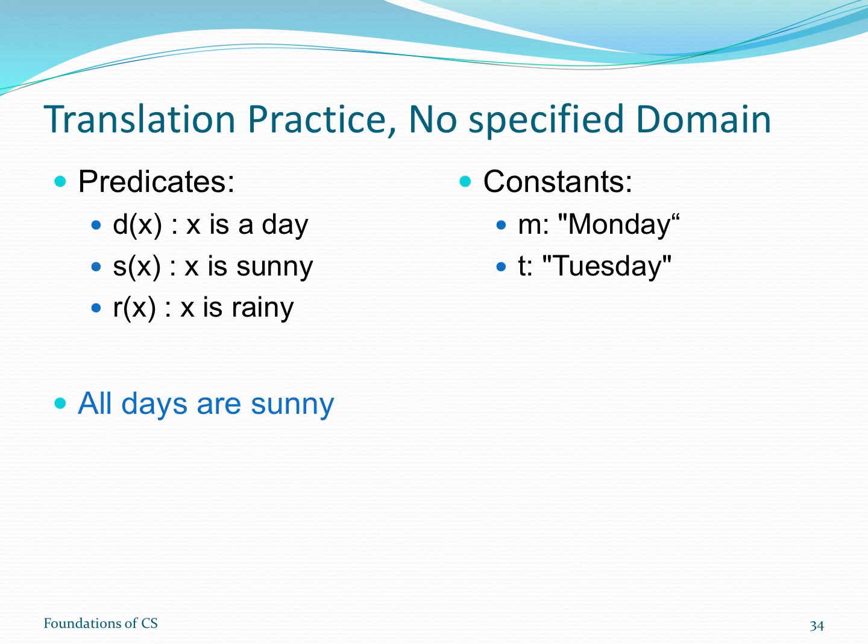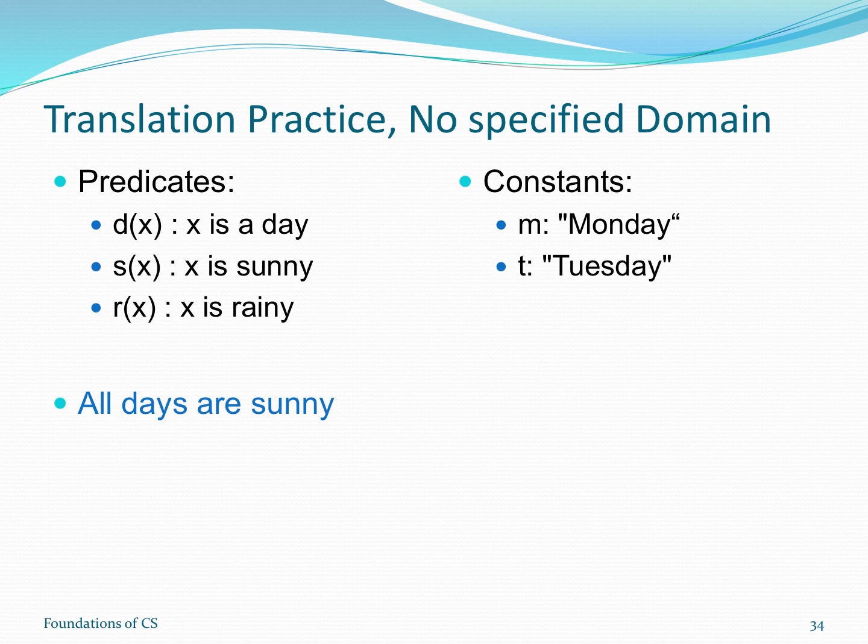All right, so we're going to stay in the no specified domain. Our domain contains everything from people to ducks to birds to pencils to rowboats. And I'm going to give you some predicates, and we're also going to add a couple of constants in here because we're going to use these predicates and constants for a few examples. So if I want to say all days are sunny, how do I say that?